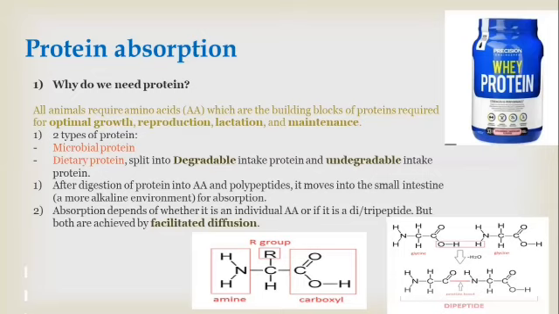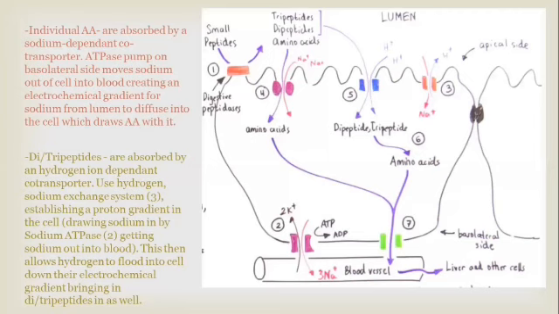After digestion of protein into amino acids and polypeptides, it moves into the small intestine for absorption. Absorption depends on whether it is an individual amino acid or a di- or tripeptide, but both are achieved by facilitated diffusion. Individual amino acids are absorbed by a sodium-dependent cotransporter.